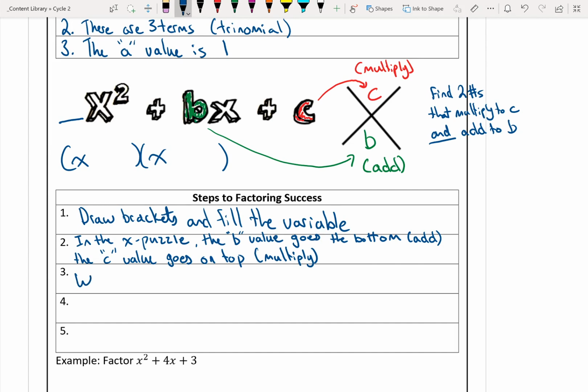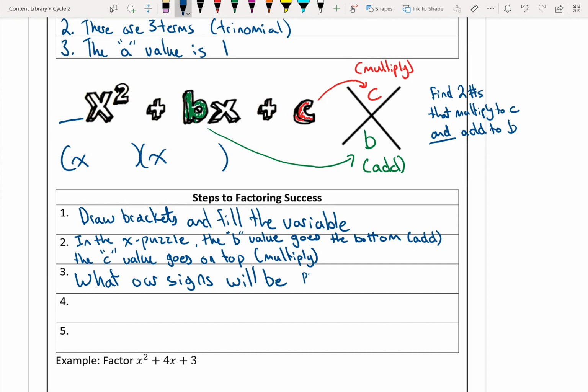We want to think about, so the third step, think about what our signs will be for those 2 numbers. So again, thinking about if I have to multiply to a positive number, right?